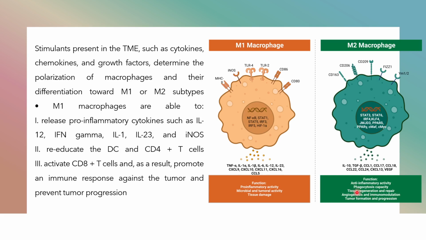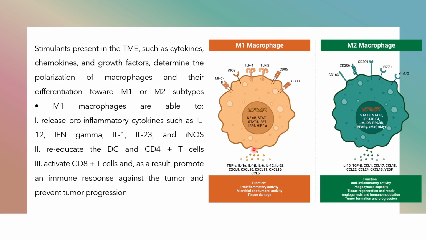Anti-inflammatory activity, everyone knows about it. Phagocytosis means engulfing and killing the dead cells. So this is the function of M1 macrophage and this is the function of M2 macrophage. These are NF-kappa B, STAT1, STAT3, STAT6. They are the signaling pathways they are associated with.